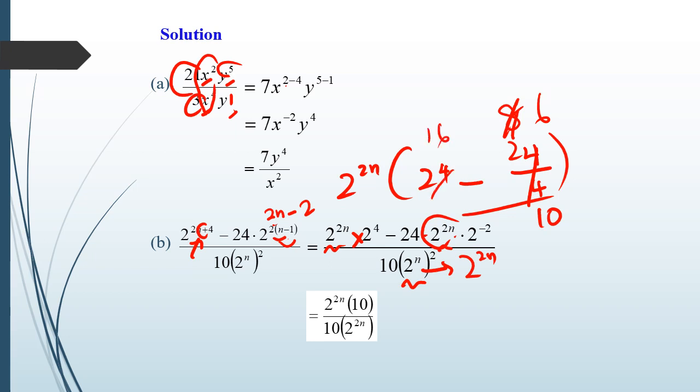So 16 minus 6 is equal to 10, multiplied by 2 to the power of 2n, and at the bottom we have 10 multiplied by 2 to the power of 2n.